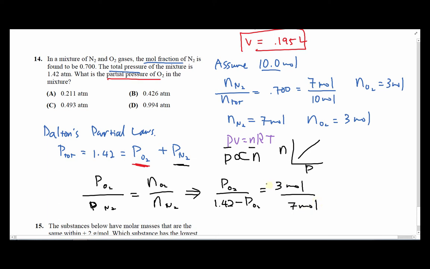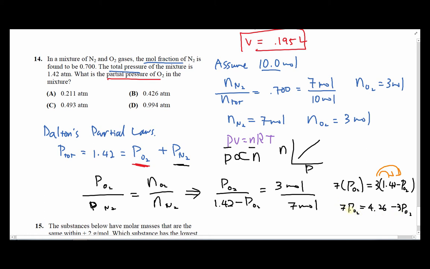Now let's cross multiply this. So you get 7 PO2 equals 3 times 1.42 minus P of oxygen. You can distribute these values, just simple algebra 1. Then you get 4.26 minus 3PO2 equals 7PO2.